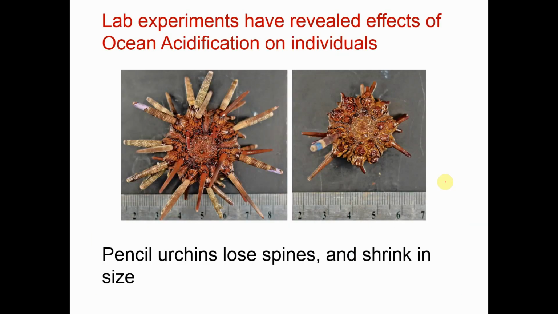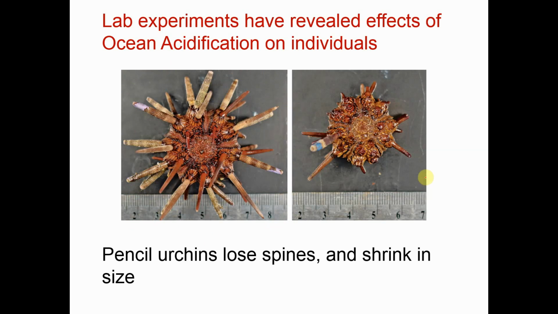And laboratory experiments that have been conducted recently have revealed the effects of ocean acidification on individual animals. So in these images here, this sea urchin is grown in just ambient seawater that's floating around in the oceans today.